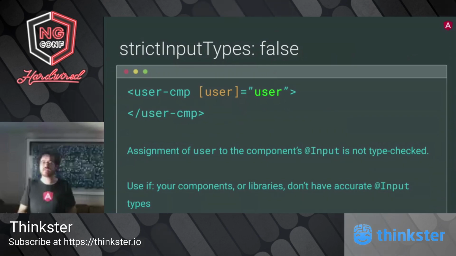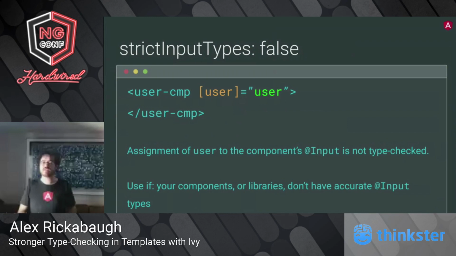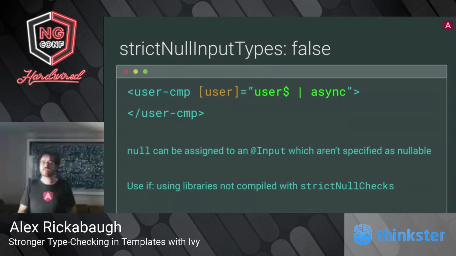So if the check that expressions are actually assignable to the inputs that you're binding them to is problematic, you can turn that off by setting the strict input types flag to false. As I said, you might do this if libraries that you're using don't have quite correct types for their inputs, or if you've been kind of loose about that in your own components. A special case of that is handling expressions which are potentially null or undefined.